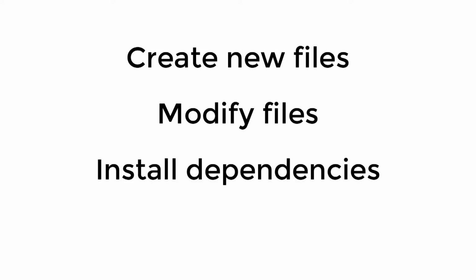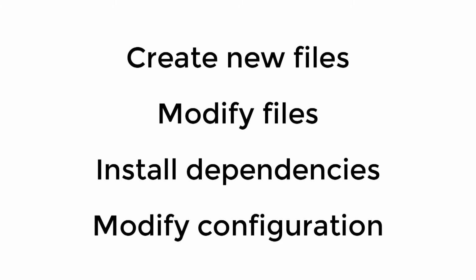It can install new dependencies automatically and modify configurations like ESLint or jsconfig. So that's quite powerful because it can eliminate all the manual boilerplate users have to write, for example, when using TypeScript or other tools.